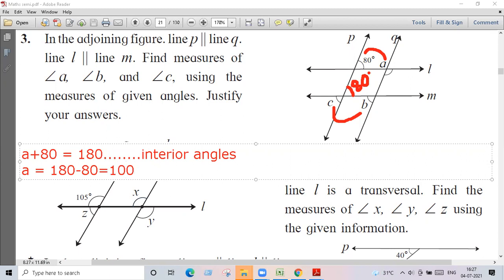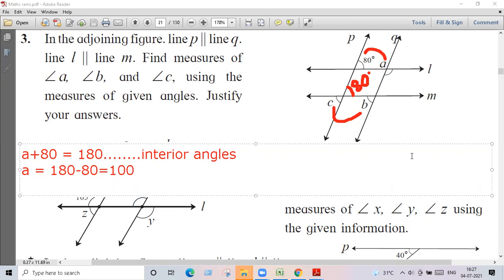A is 100. Then C is equal to 80, we can directly write C is equal to 80 because opposite angles are there.